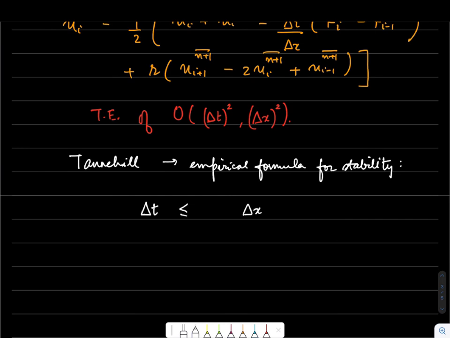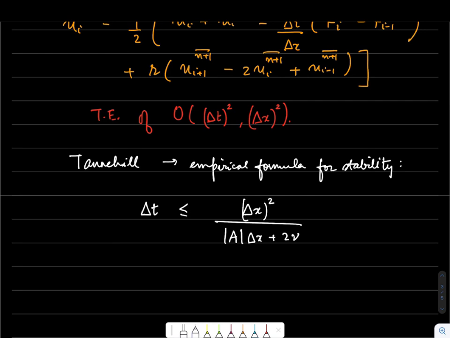So delta t is given as something which is less than delta x square by (mod a delta x plus 2 nu), and this is a guiding principle for choosing the delta t with the MacCormack scheme.